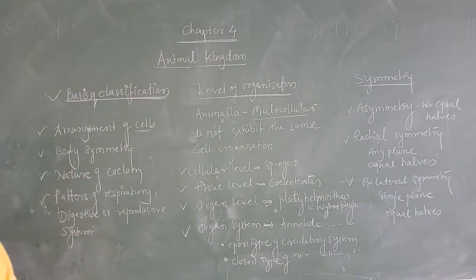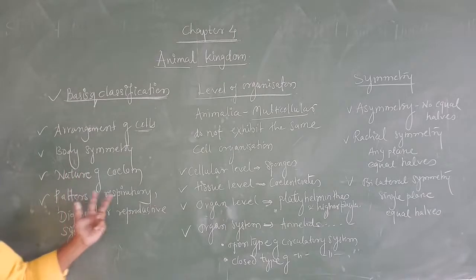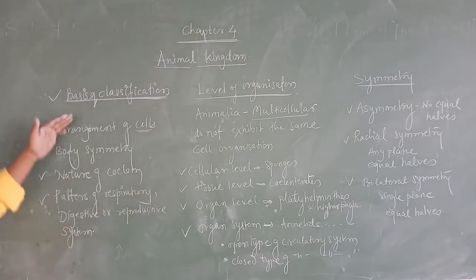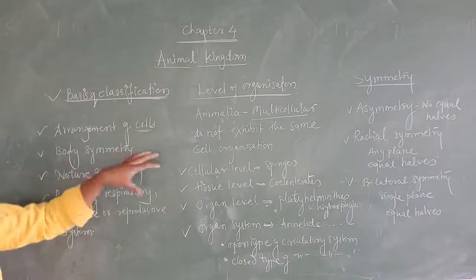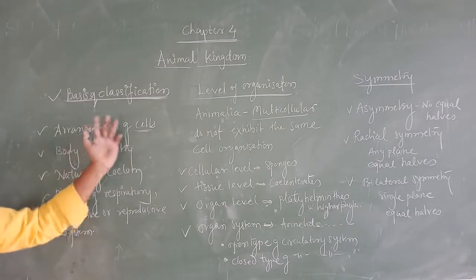When we look at living organisms, in spite of differences in structure and form, we find a few fundamental characters common in various organisms: arrangement of cells, body symmetry, nature of coelom, and patterns of the respiratory, digestive and reproductive systems. Now we are going to study these in detail one by one.